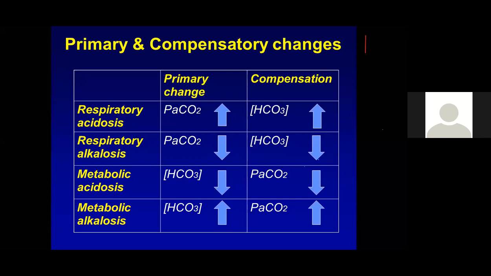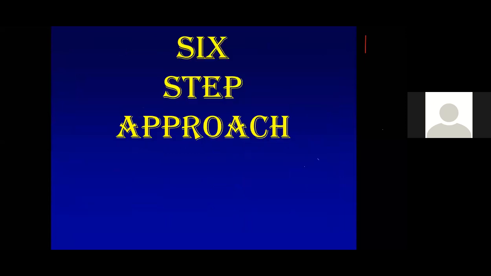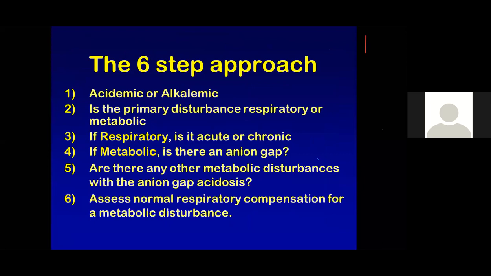There is a simple approach called the 6-step approach. If you apply this formula and look into the ABG, then you will never forget how to interpret an ABG. These are the 6 steps which you have to keep in your mind. Like what I said in my ECG class, the 5 steps, the ABG is 6 steps.